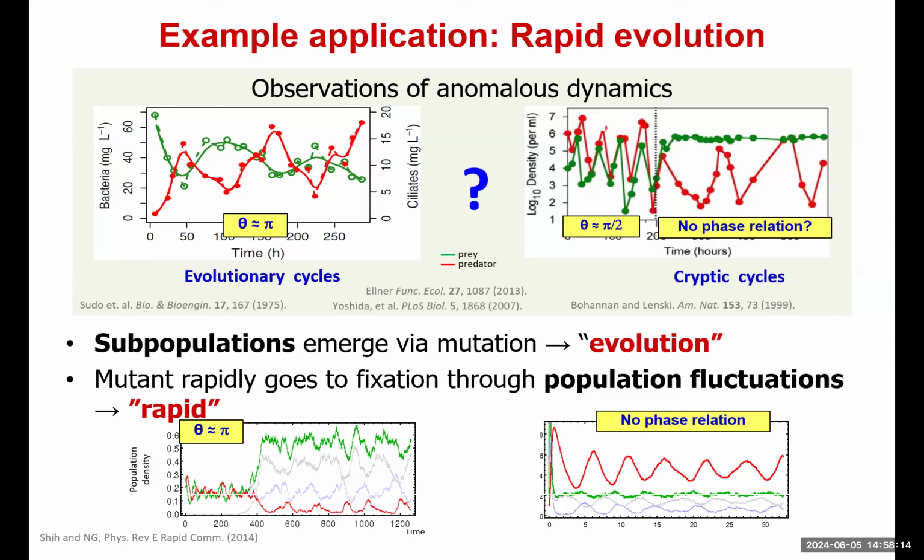So you have an evolution that occurs, like a mutation, and then that mutation spreads through the population. So we're looking here at the evolution in real time of this mutant in the population, and here are simulations from work on this, showing how the mutant goes to fixation through population fluctuations.